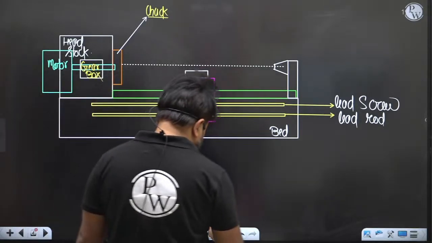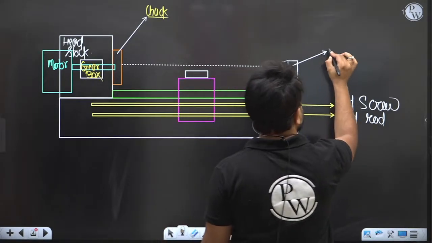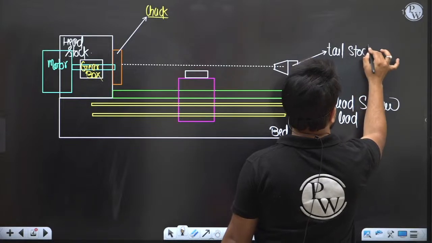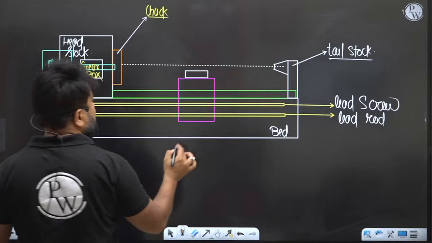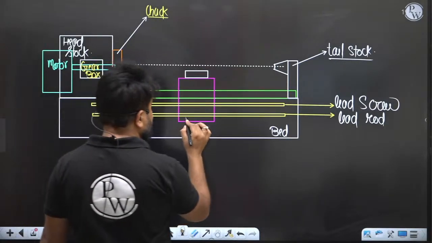So let me write down: tail stock. This is tail stock. This is chuck. This thing is known as carriage.